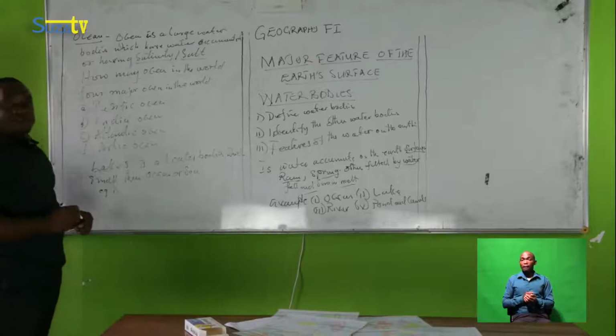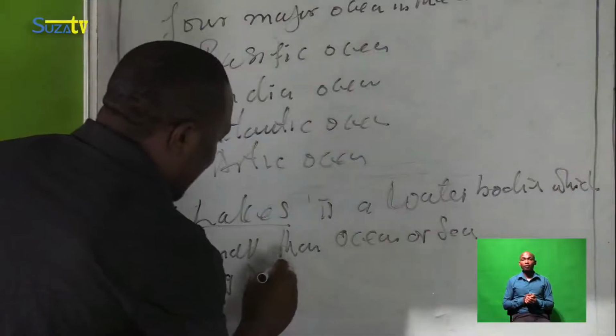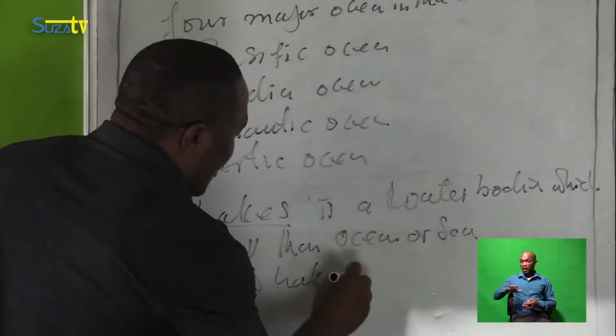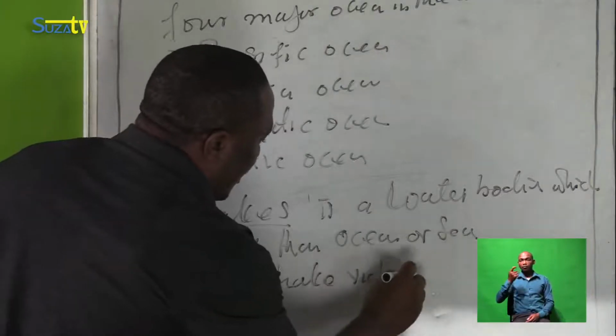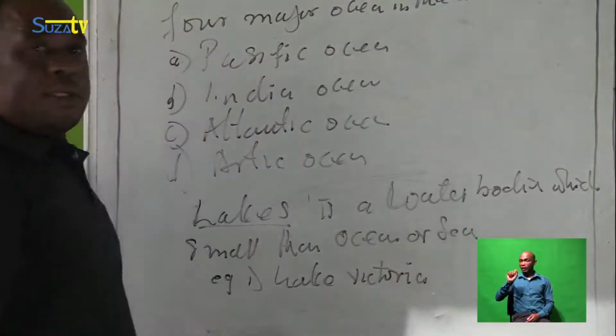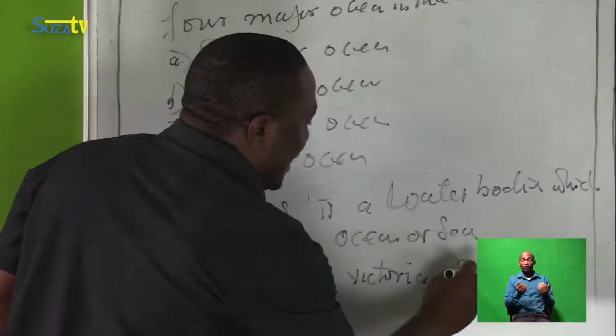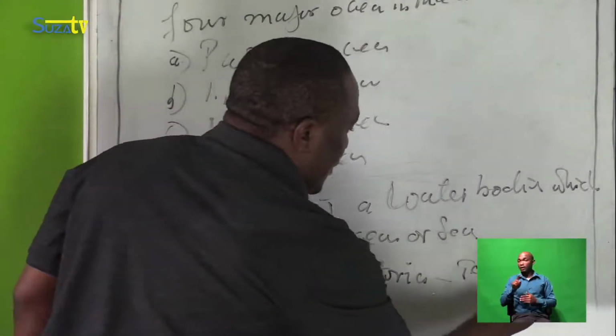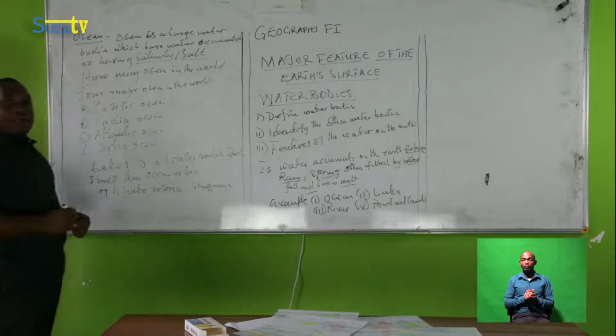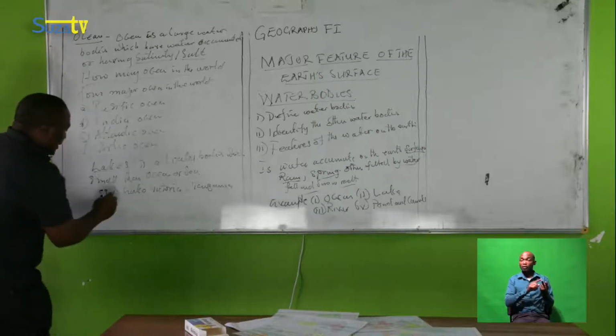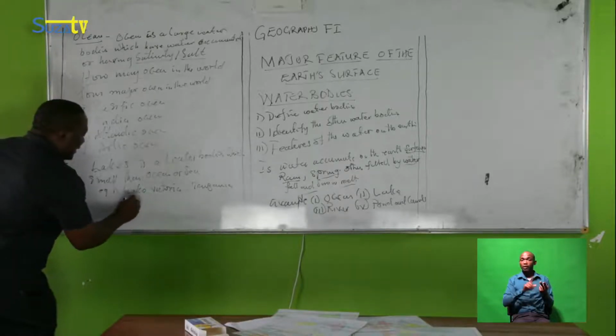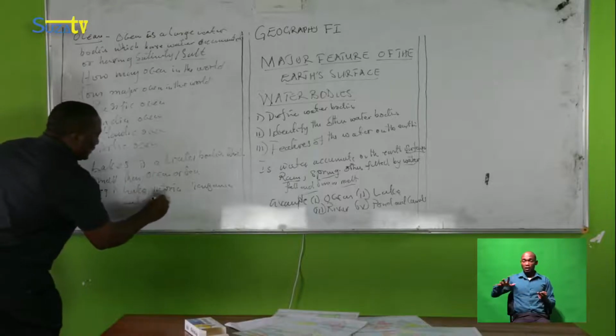Examples of a lake: number one is Lake Victoria. This is available in Tanzania. Another one is Lake Tanganyika.